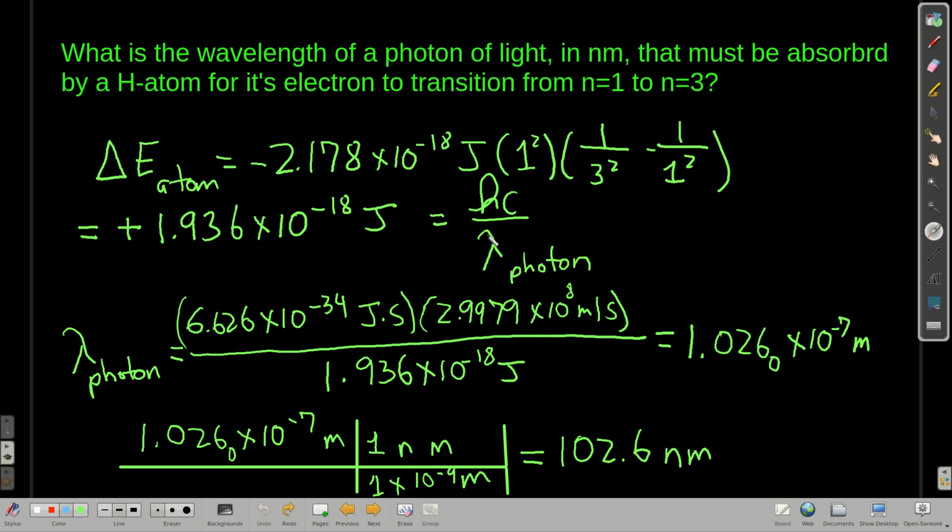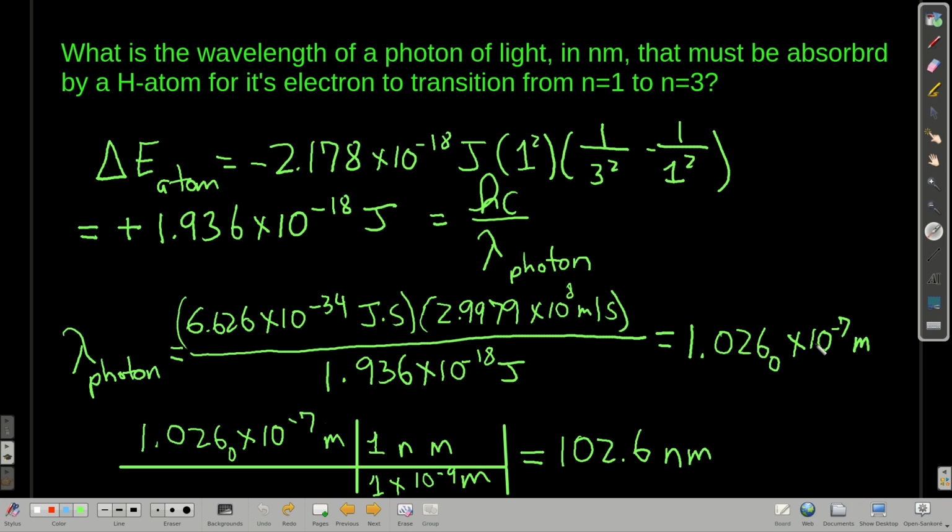And the energy of the photon that's absorbed is just hc over lambda. It's going to be equal in magnitude to this value right here. Now to find the wavelength of the photon, we just solve this for lambda, cross multiply. And h, you guys know what h is. C, the speed of light. This is the energy we got right here. Joules cancel. Seconds cancel. And we get meters.